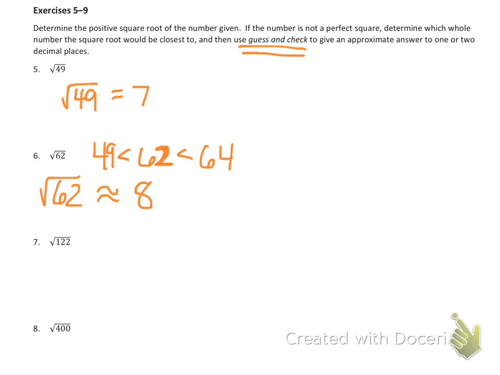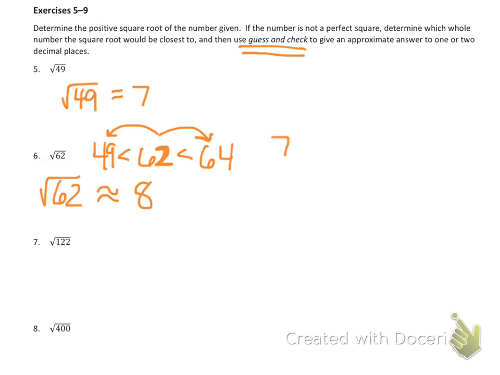So we know that it's really close. It's pretty far away from 49, which would be the square root of 49 is 7. So we're going to say it's definitely closer to 8. So we could try something like 7.8. So this is the guess and check part of it, right?